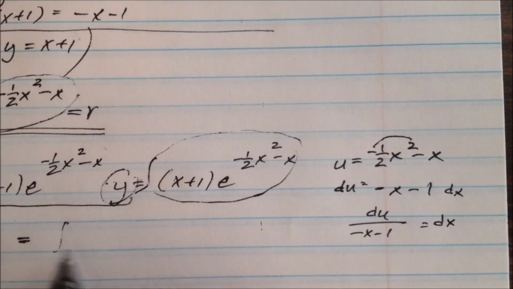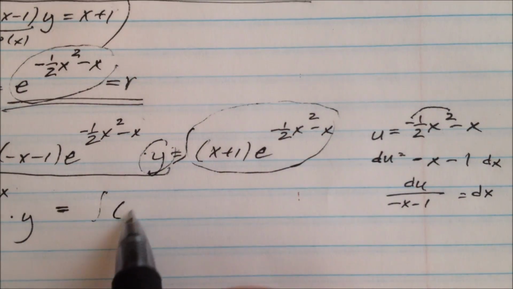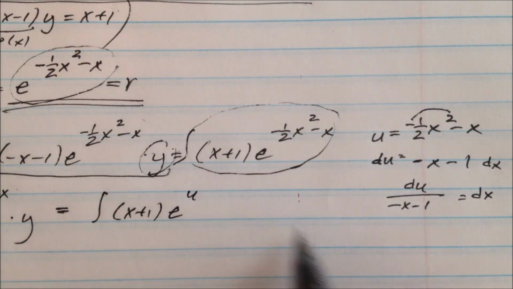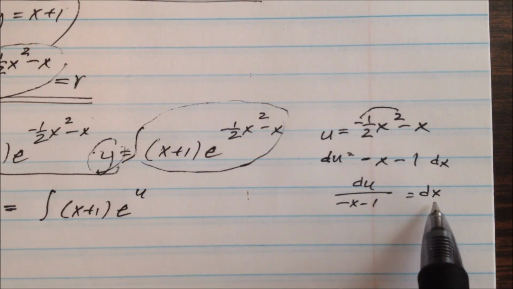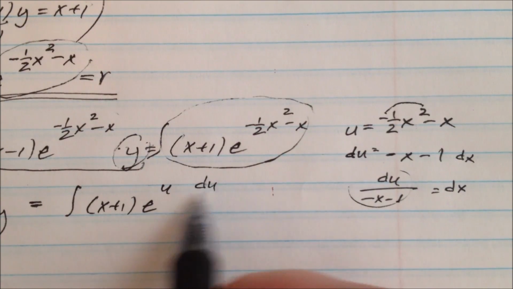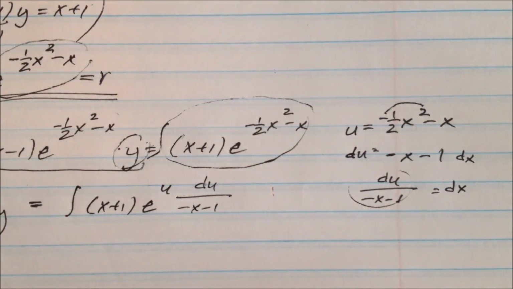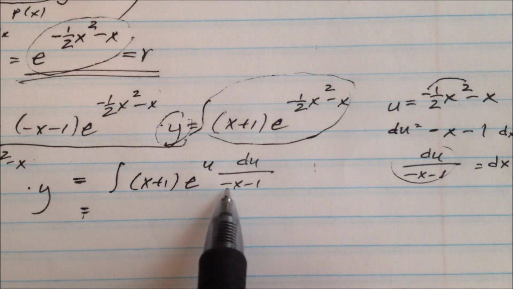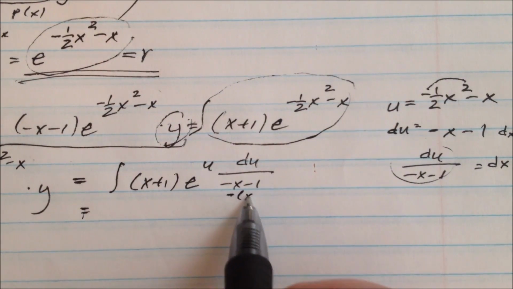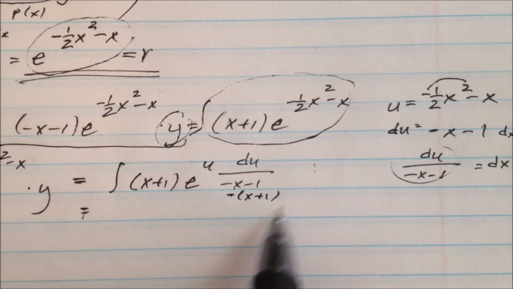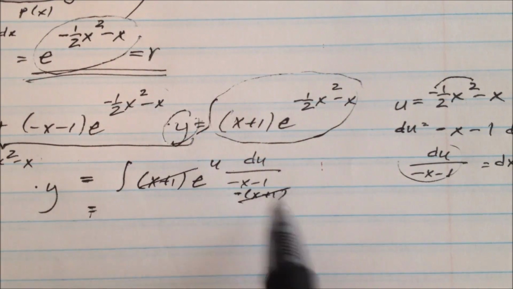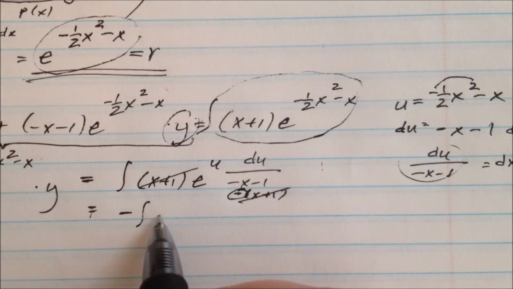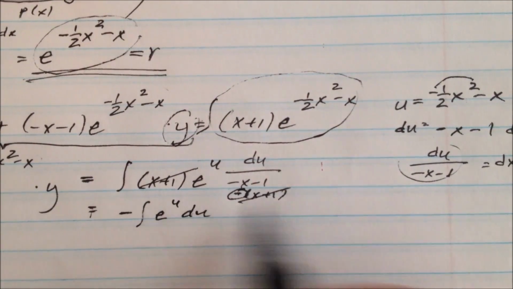So when I do this, I'm going to have my x plus 1 times e to the u, and my dx is going to be substituted for du over negative x minus 1. Well, at this point, this negative x minus 1 really could be negative the quantity x plus 1, which would make that and that cancel, but we do still have that negative, so the negative integral of e to the u du.